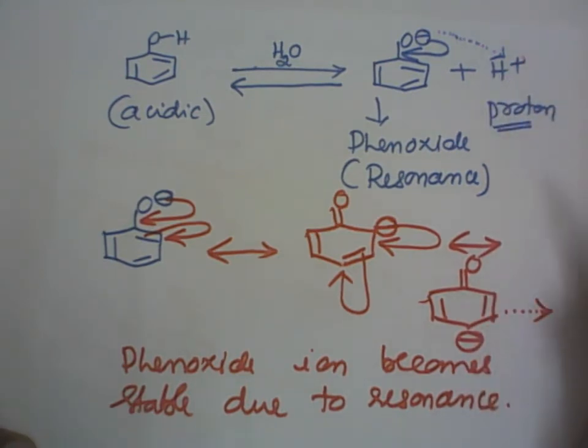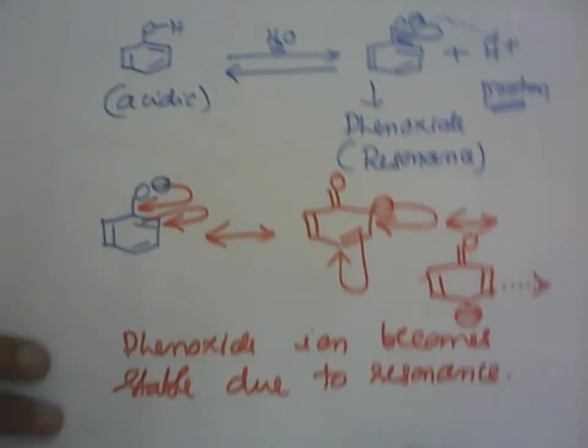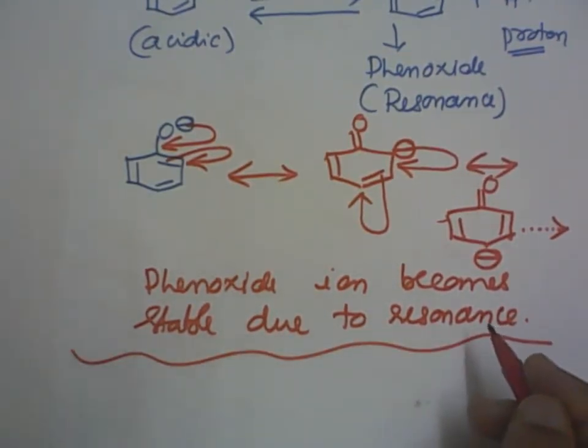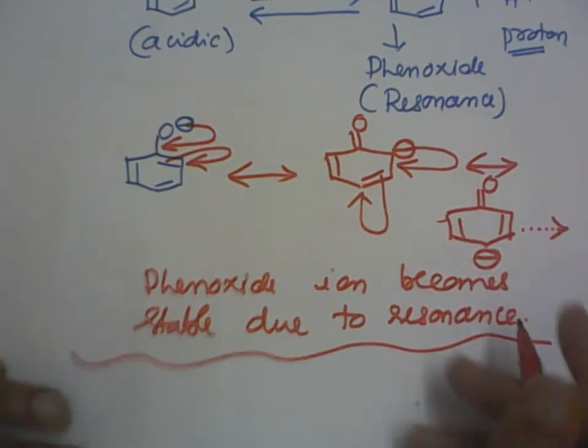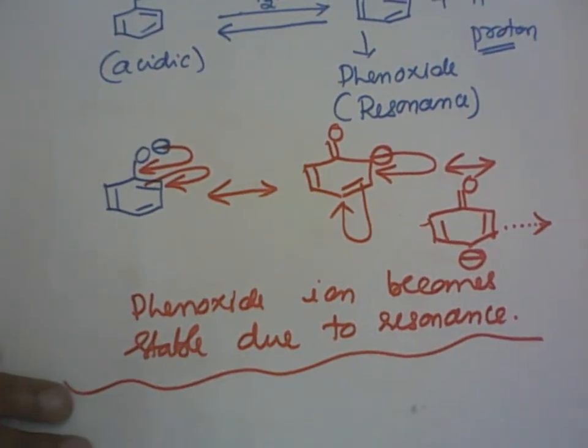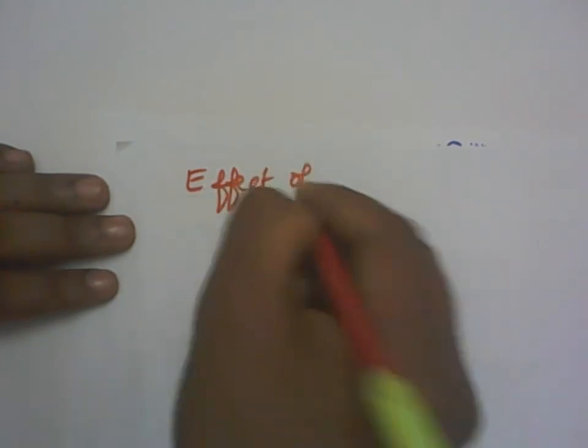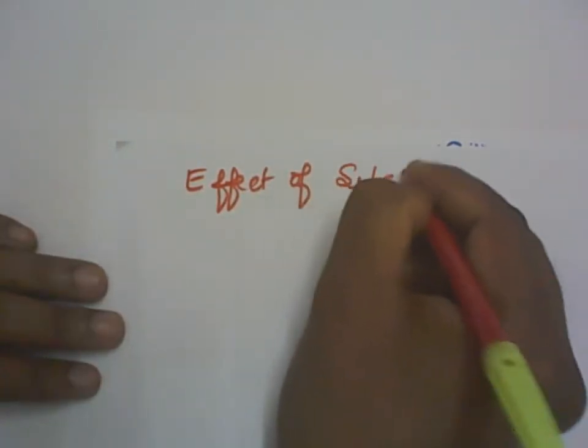Clear? Now we have to study the derivatives of phenol. Which phenol molecule is more acidic and which is less acidic. Okay. So let's study the effect of substituents on the acidic nature of phenol.